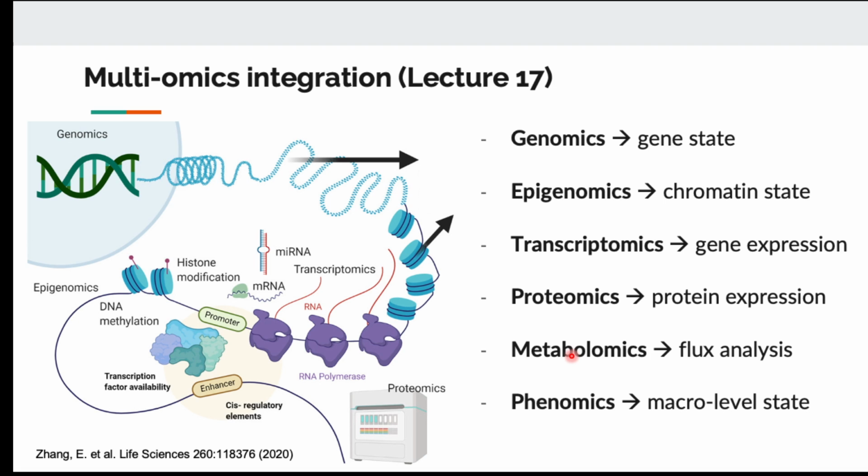We are not covering metabolomics and phenomics in this class, but with metabolomics, we know that proteins sometimes act as enzymes that synthesize or process certain metabolites. If we know the level of metabolites in the cell, sometimes it can tell us about the state of the cell as well.